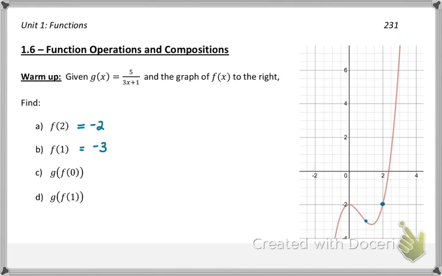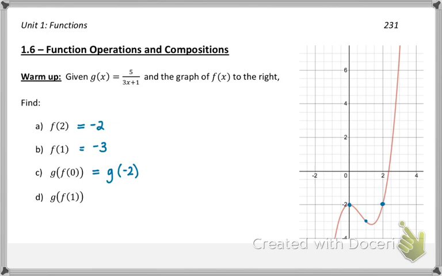And next you're looking for g of f of 0. So let's figure out what f of 0 is first. When x is 0, y is negative 2 in the f function. So really I'm looking for g of negative 2, because f of 0 is negative 2.